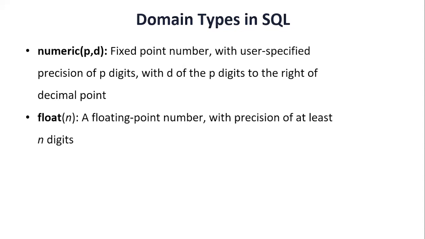And then we have float, which is a floating point number with at least n digits. There are a lot of other types that I have not mentioned here. You can check the SQL documentation online and you will find there are around 100 different domain types.